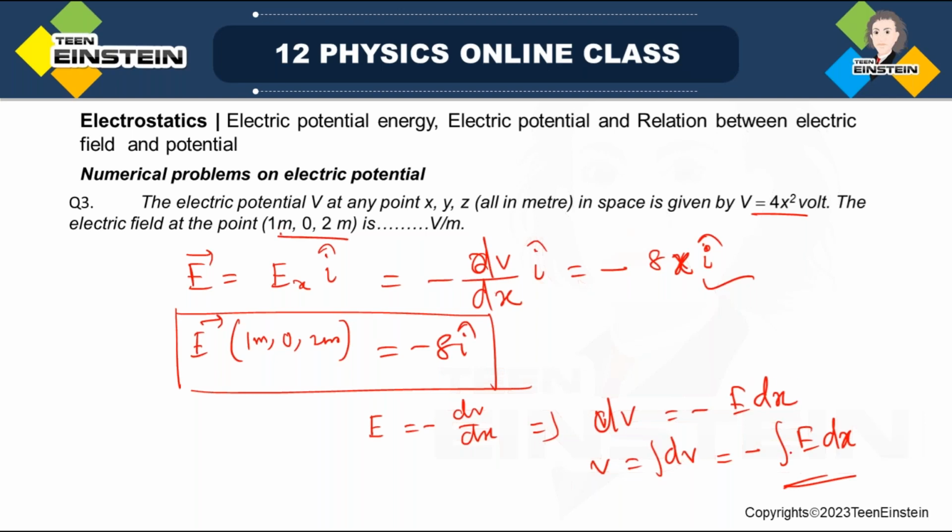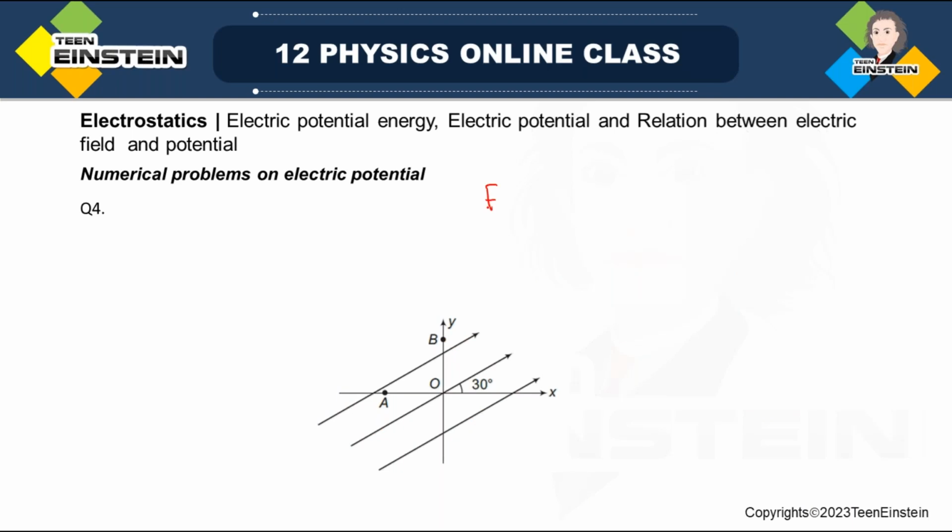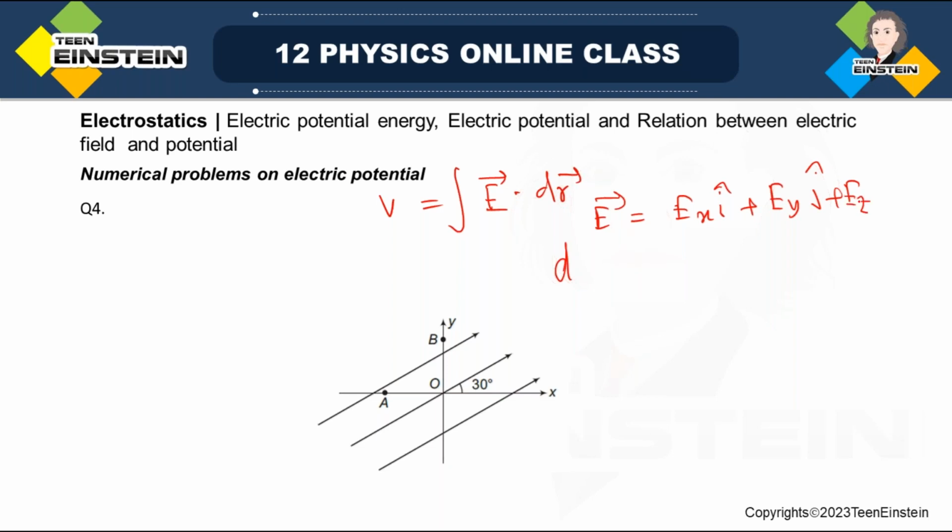Now this integration could be done in 2 ways. In the sense, I can just take the components, Ex dx like that, or I can do it directly. How do you do it directly? V will be minus integration E dot dr. This E has all the components, so Ex i cap plus Ey j cap plus Ez k cap.